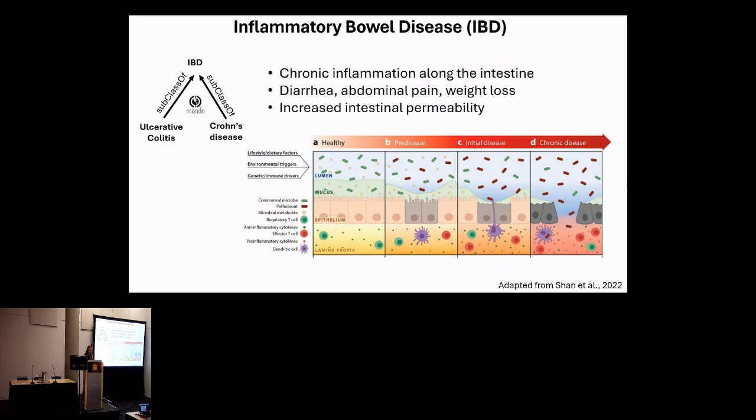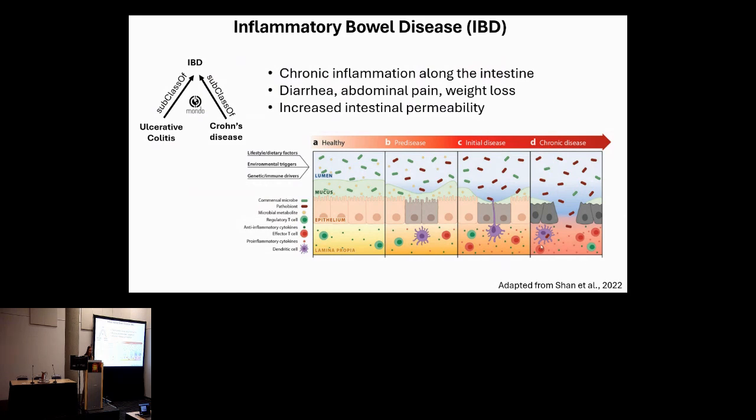And it's generally known that the gut microbiome has a large influence on this, though the specific mechanisms at play are largely unknown. And so we know that the microbiome is dysbiotic, that the balance between commensal microbes and pathogenic microbes is in flux, but the exact mechanism, again, is unclear.